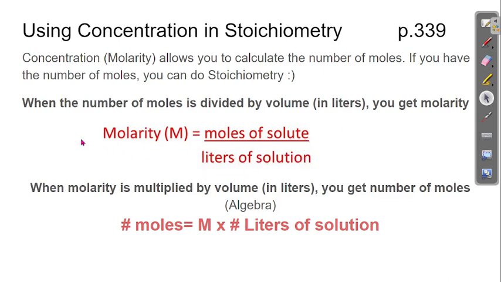The liters are at the bottom, so it goes on the other side multiplying, and then you have the moles by itself. So moles equals molarity multiplying the liters of the solution. If you don't see this, it's algebra. Let me work at this for a minute here.